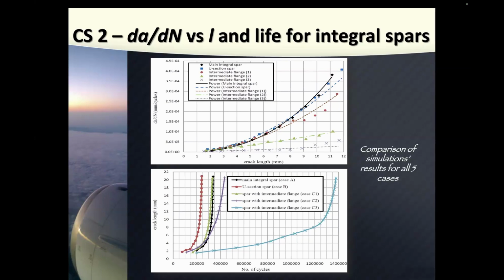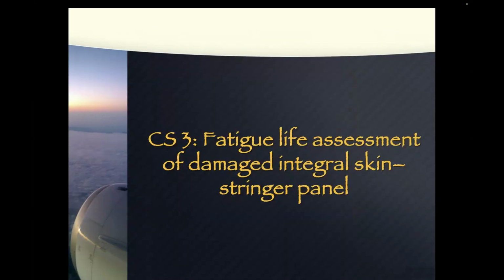Money on one side, but the time on the other side is crucial here. So unfortunately we never made it to the market with this improved design, but at least we proved that this improved design can increase fatigue life with the crack 25 times.